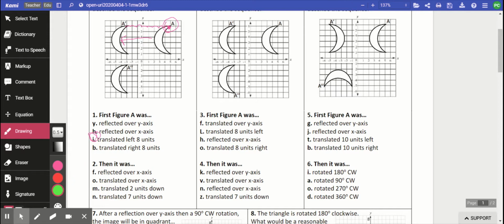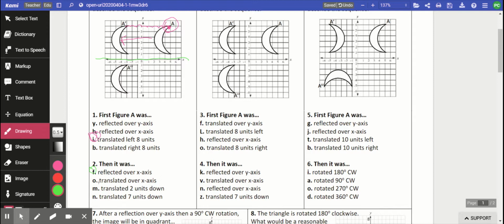Then it says, okay, well, was it reflected over the x-axis? And if I use the x-axis, yeah, that actually looks like it could work. Reflect over the x-axis. So I'm going to circle F for now, but I'm going to have you keep checking just in case.